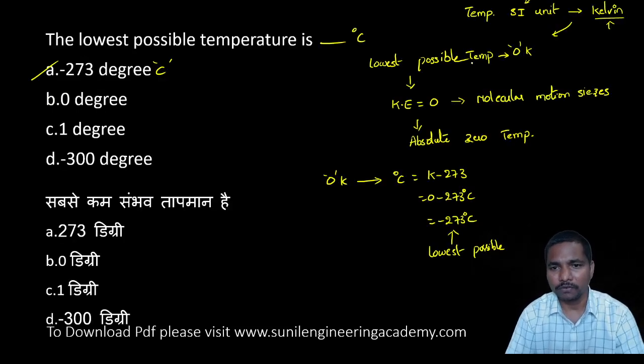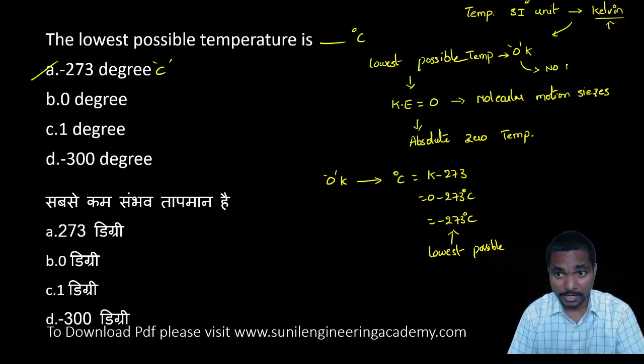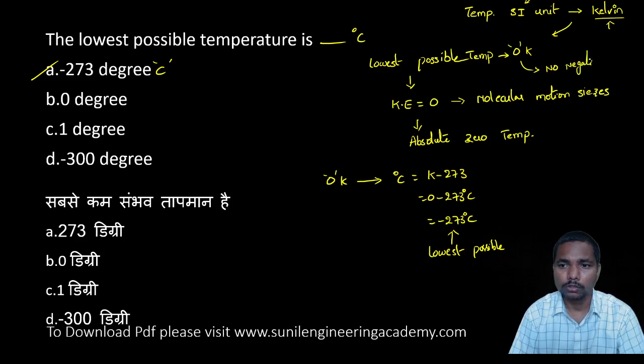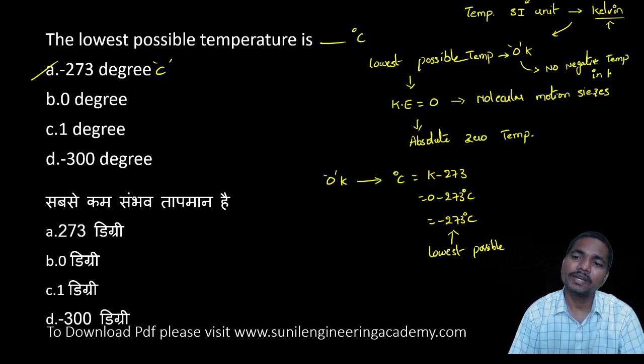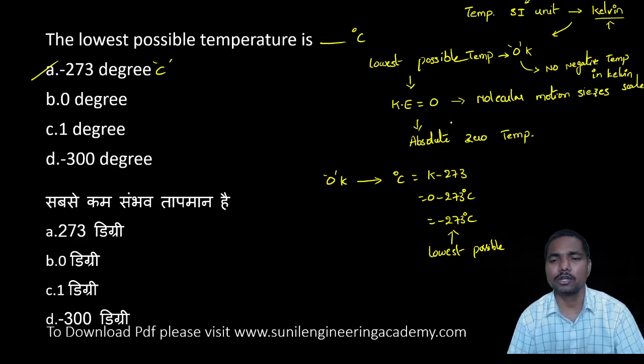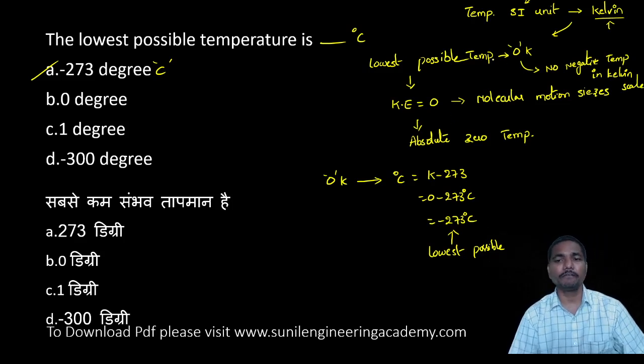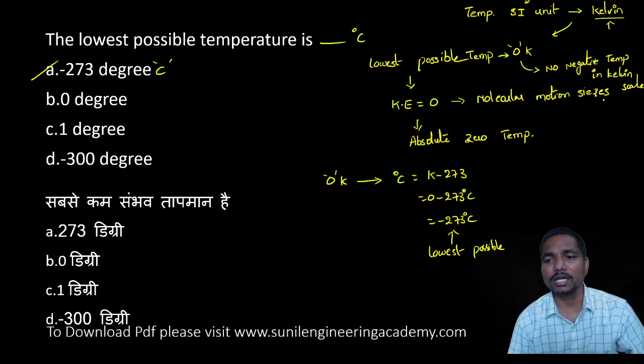If it is the lowest possible temperature, it means there is no negative temperature in the Kelvin scale. That is also very important. 0 is the lowest, so there is no chance of negative temperature values in the Kelvin scale.